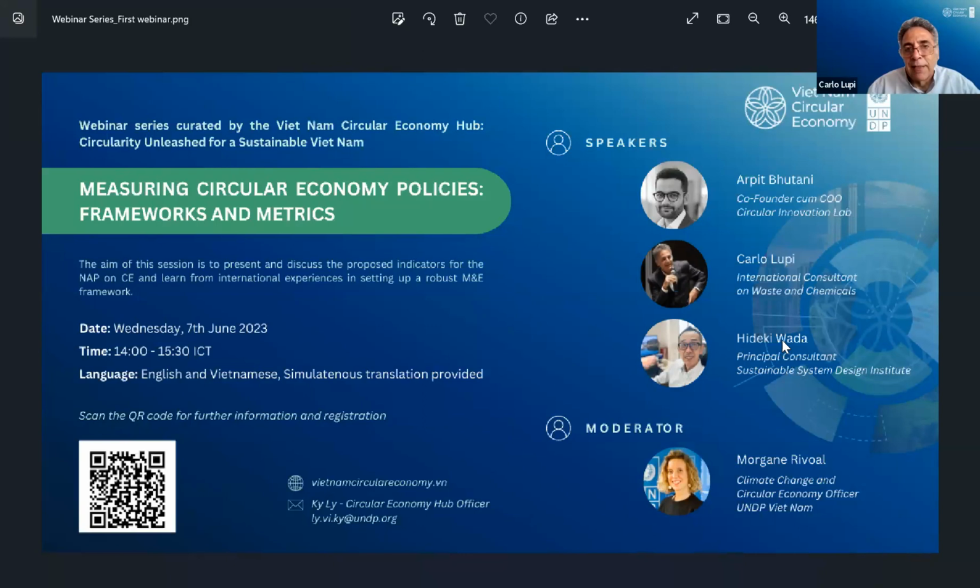And in Vietnam, another very important aspect is the fact that a lot of recycling is carried out by informal organizations. And obviously, informal organizations won't share data, if any, with you.